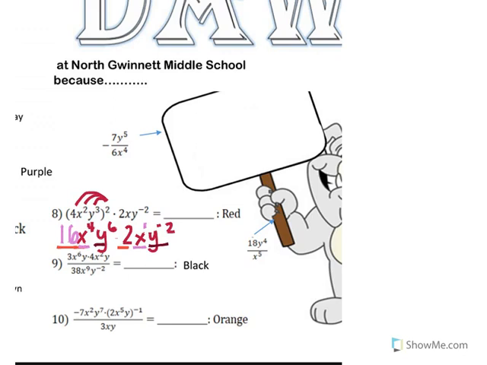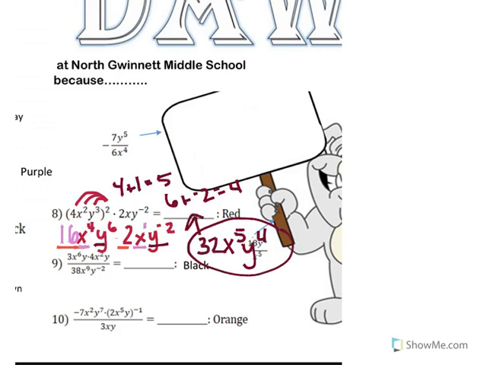So when we multiply these together, we should get 32 for the number. And then when you add 4 plus 1, of course, is 5. So you have x to the 5th power. And then 6 plus negative 2 is going to give you a 4. So then you have y to the 4th power. Okay, and that's your answer for number 8.